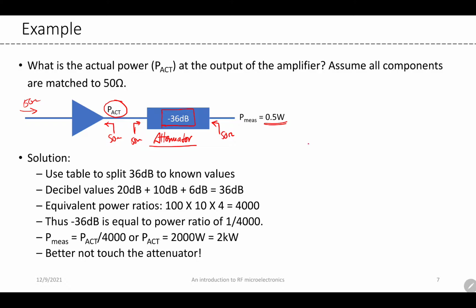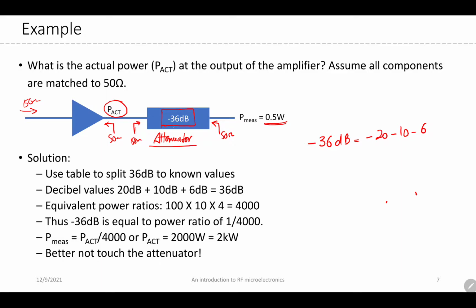So minus 36 dBs is minus 20, minus 10, minus 6, right? You can break this down into these three groups.